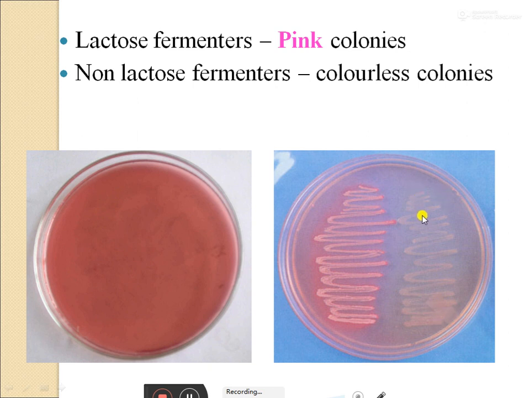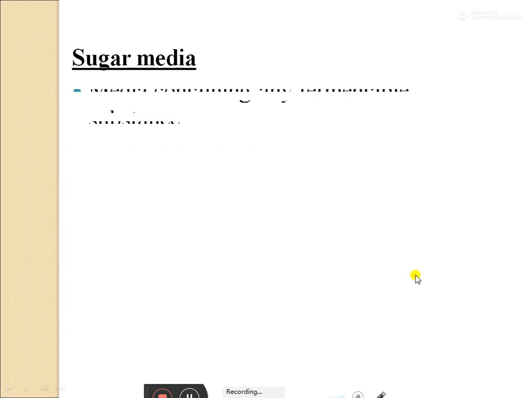Those bacteria which are gram negative will grow in this MacConkey's media, and among the gram negative bacteria, MacConkey's media has the ability to differentiate between lactose fermenting and non-lactose fermenting. This is how MacConkey's media is selective as well as differential.